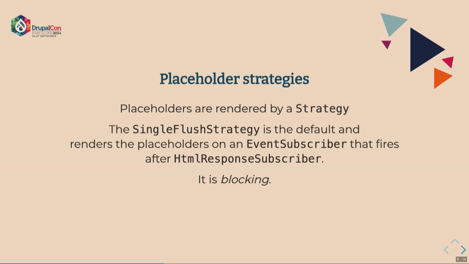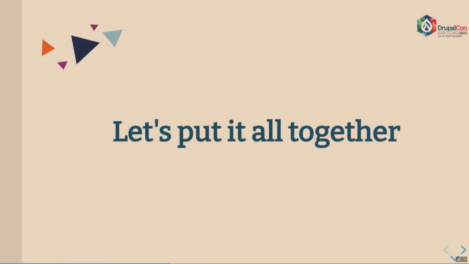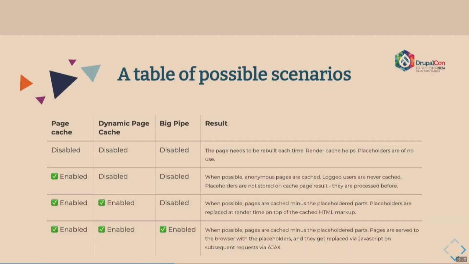And it's blocking, meaning that you make a request and this needs to happen. So this is why other modules like BigPipe change this. We will talk about this in a second, okay? So we have these three things: lazy builders, placeholders, and strategies. And I know this is too much information, so now we will be seeing how this interacts with the cache systems.